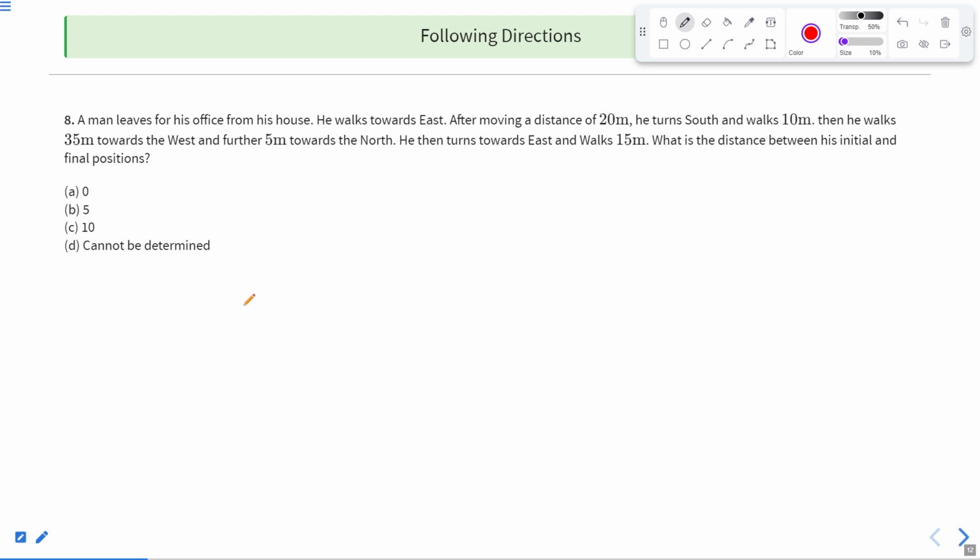A man leaves from his office for his house. He walks towards east. So first walk towards east, 20 meters, turns south and walks 10 meters, so exact precise. Then he walks west 35 meters.